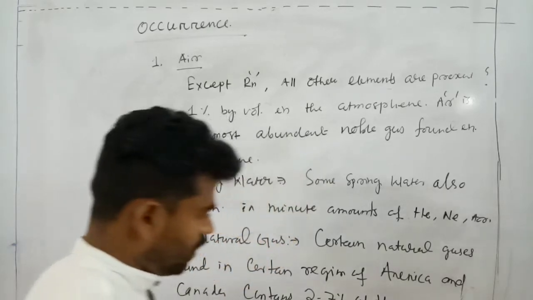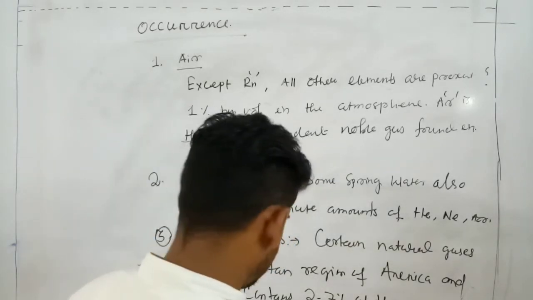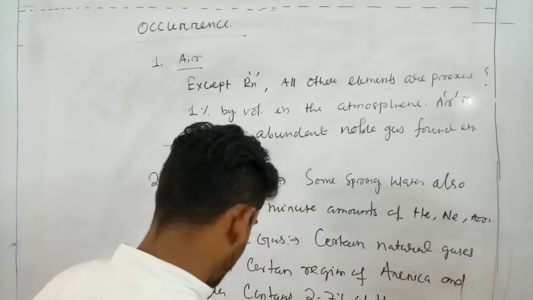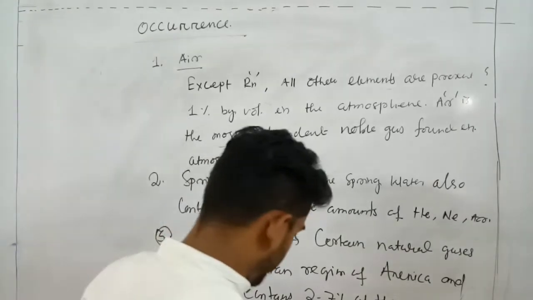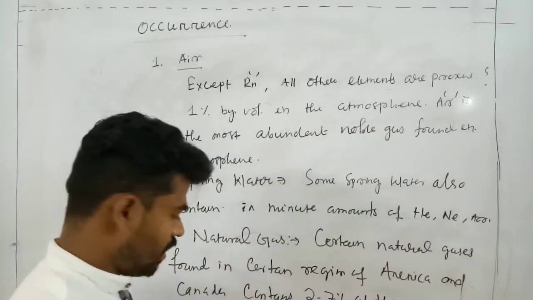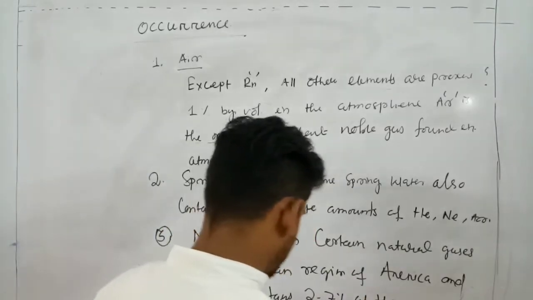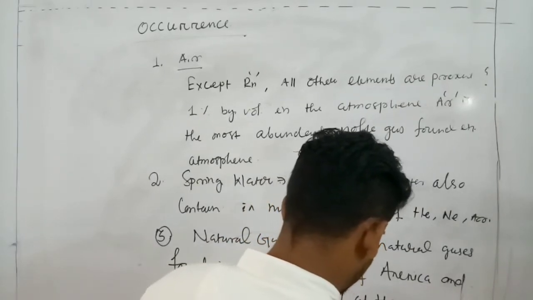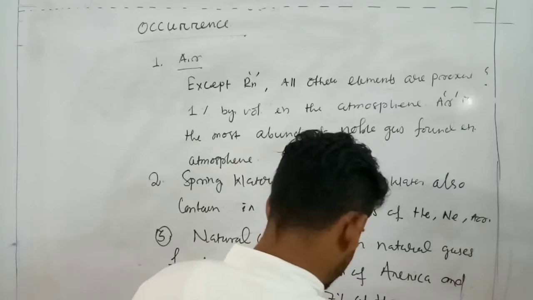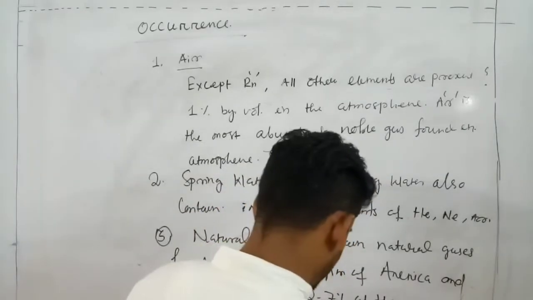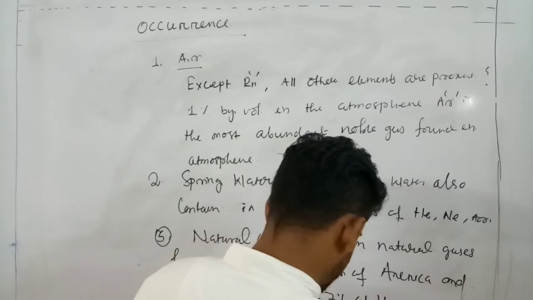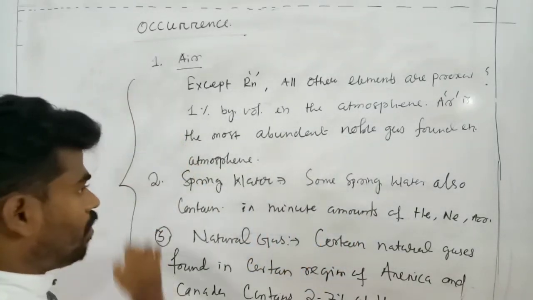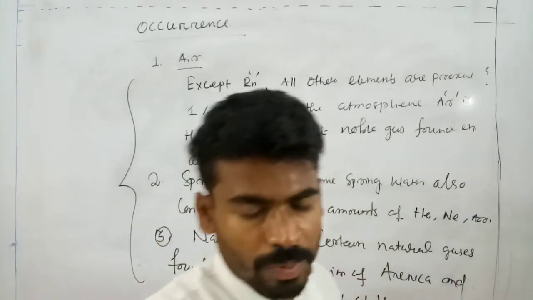For example, if we consider the decay of radium, 88 having mass number 226, on decay it emits an alpha particle, a helium nucleus, that is plus He 4 2, and it will give you radon, that will be 222, and here that is 86. So these are a few occurrences of such noble gases.